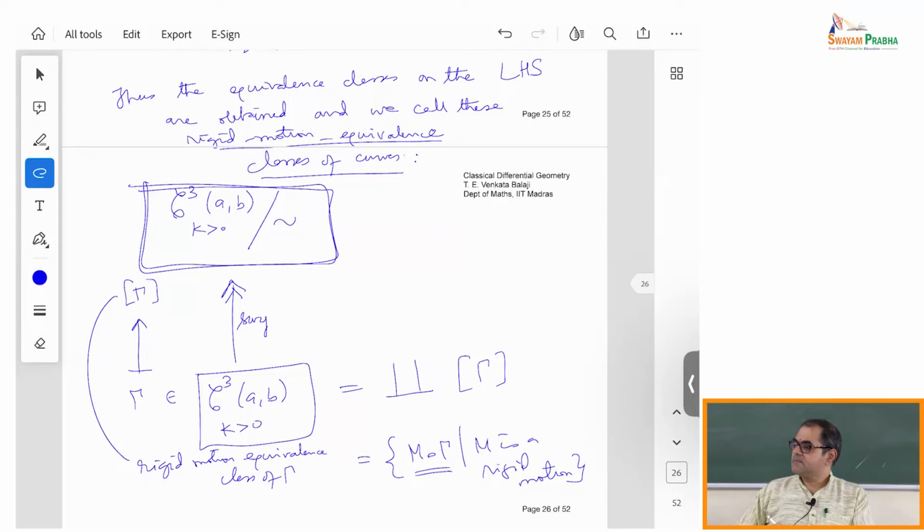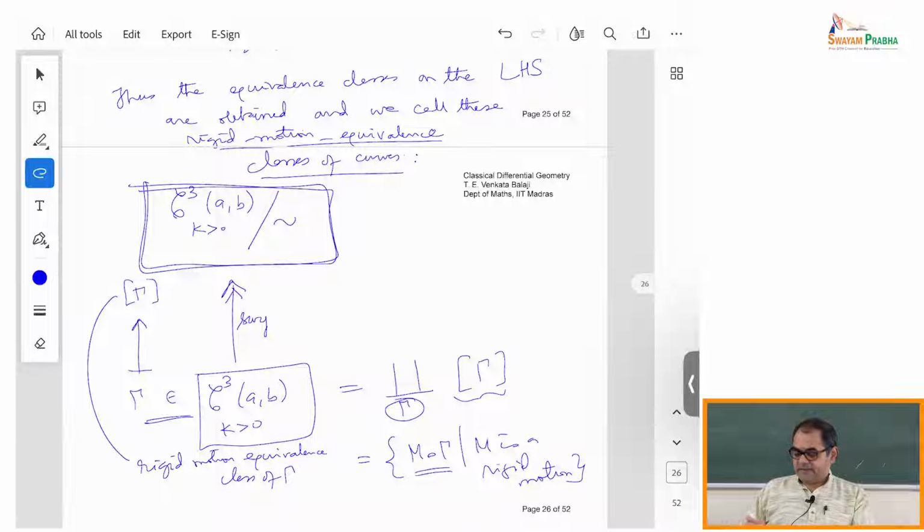So this is the disjoint union of such equivalence classes, where gamma is of course any curve. Okay, and mind you, when you write this disjoint union, remember that for every class I can choose only one representative.